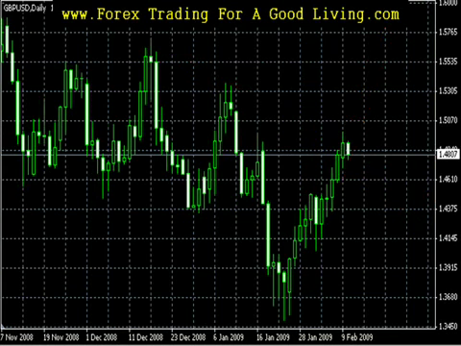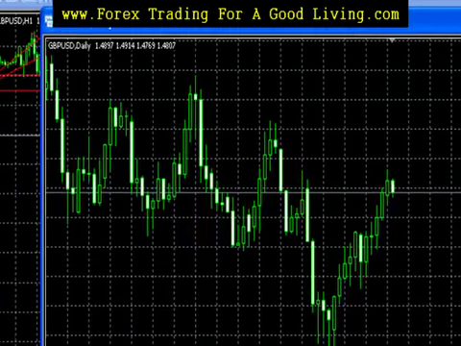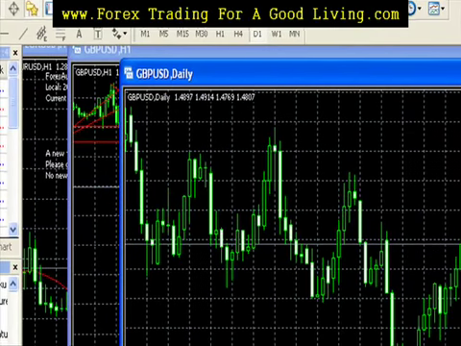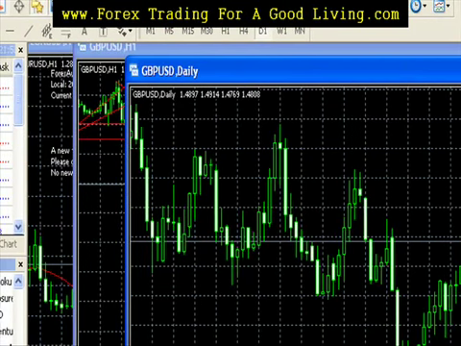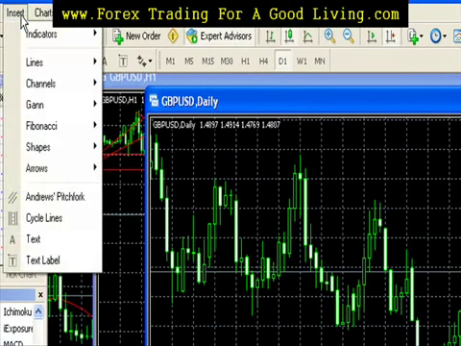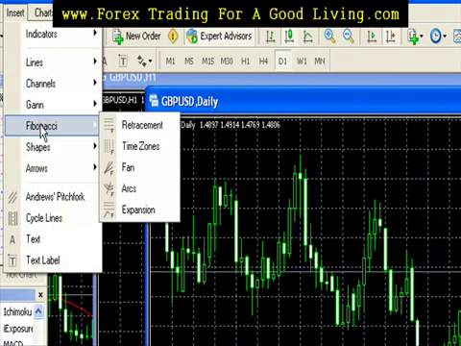And anyways, what we do, we come up here and hopefully on your tool tabs you have the Fibonacci retracement. Okay, if not, let's see, insert Fibonacci retracement.